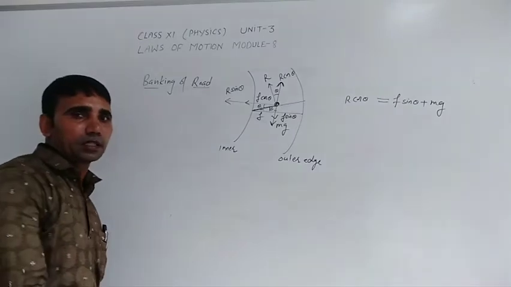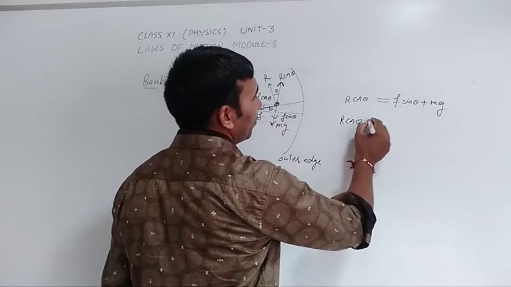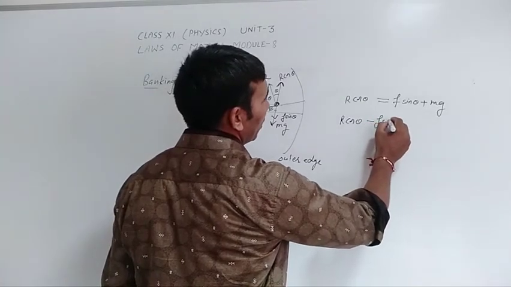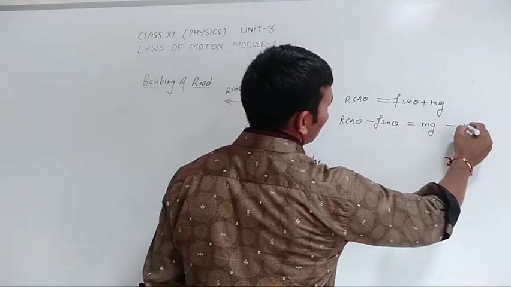This can be written as R cos theta minus F sin theta equals M into G. Equation number 1.